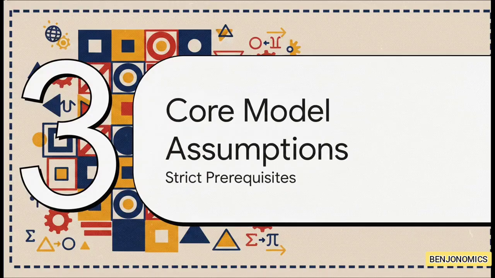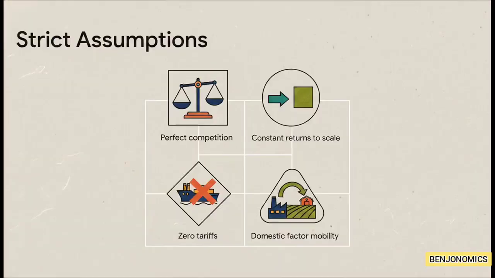But as we move into part three, we really need to talk about our core model assumptions. As your professor for the day, I've got to issue a pretty strict warning here. To make this beautiful FPE math work out perfectly, we have to play inside a very strict, tightly bounded intellectual sandbox. We have to methodically enforce our assumptions.